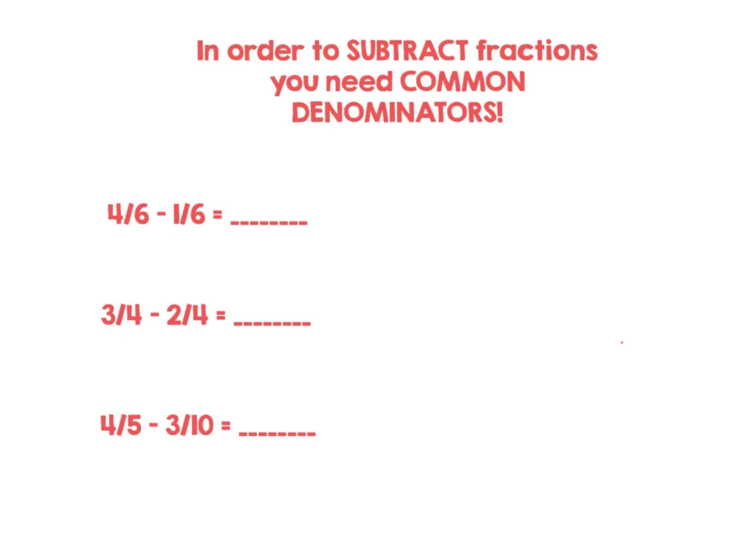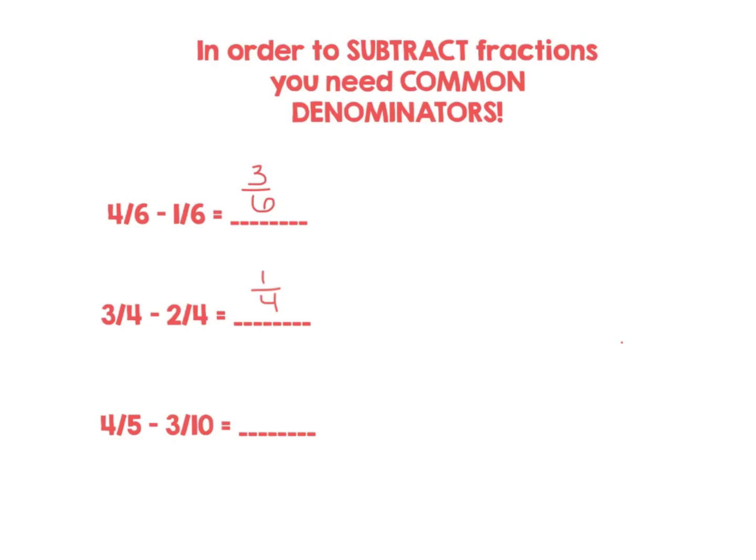I know 4 minus 1 is 3. I have 3/6. Again, 3/4 minus 2/4. Life is easy. The denominators are the same. Fourths and fourths. 3/4 minus 2/4 equals 1/4.